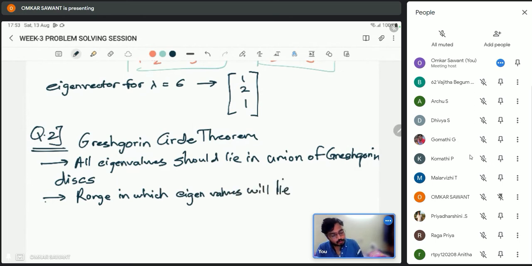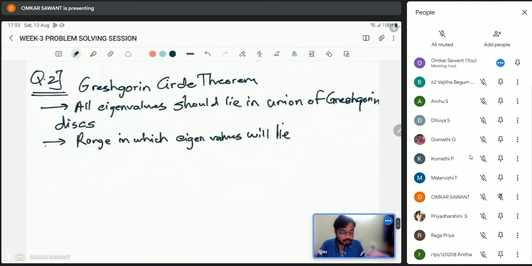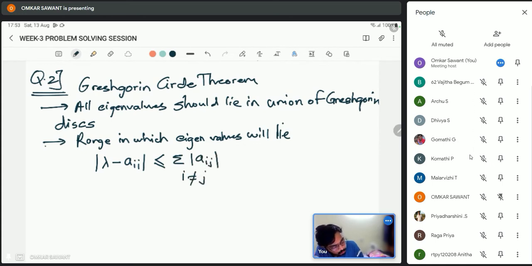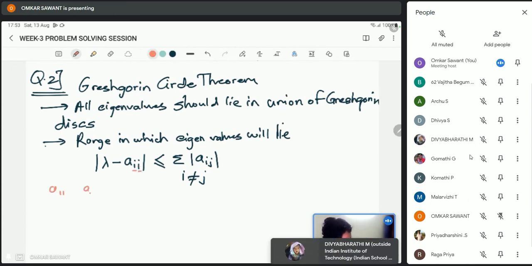Right? So how do we check? We check the diagonal elements against the sum of the absolute values of the non-diagonal elements. The diagonal element has both indices the same, like 1 1, 2 2, 3 3.